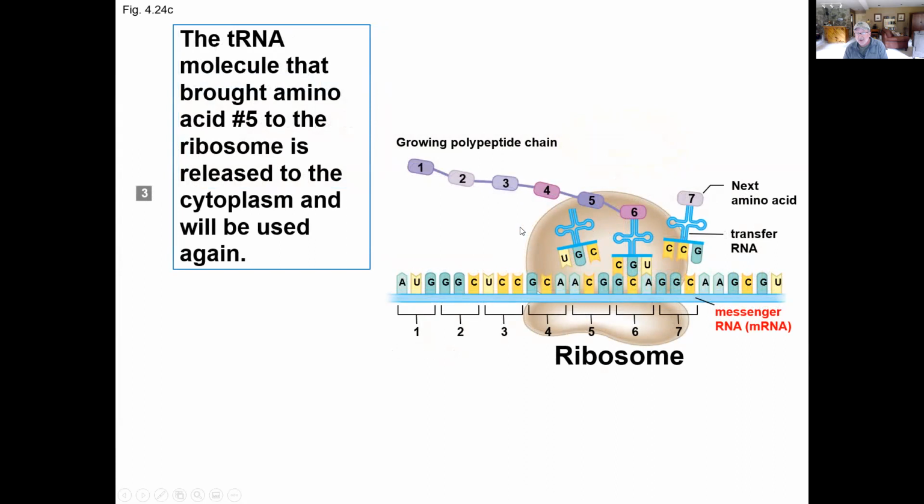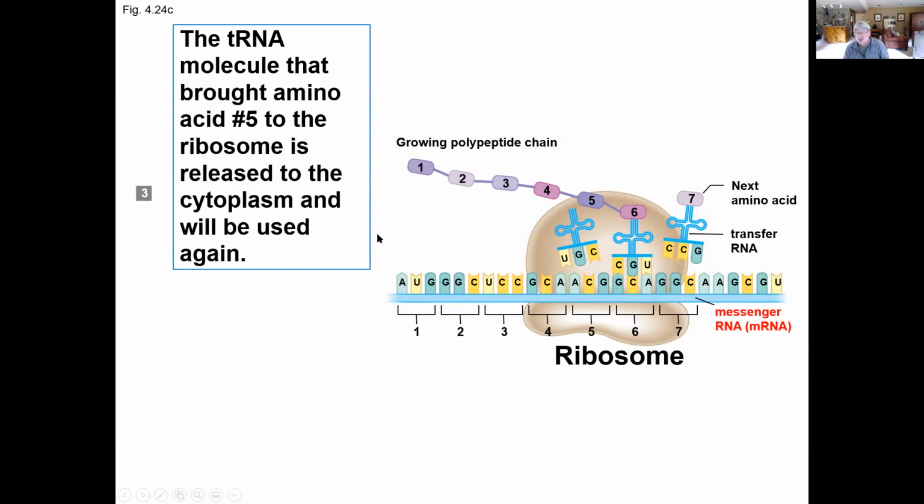This guy is going to leave minus its amino acid and pick up another one. And if its anticodon sequence, UGC, complements a codon sequence down the line here, which would be ACG, it'll simply shuttle another amino acid into place.